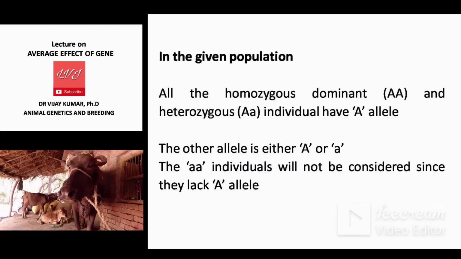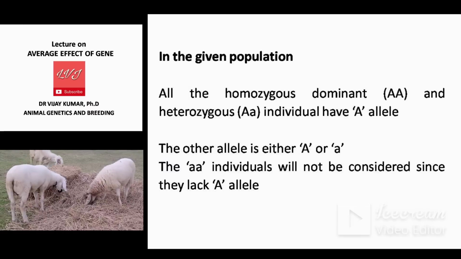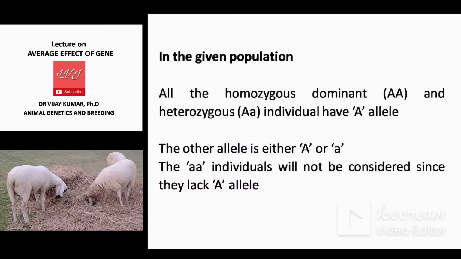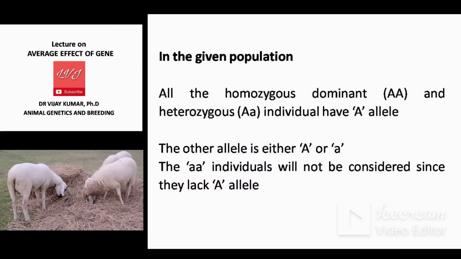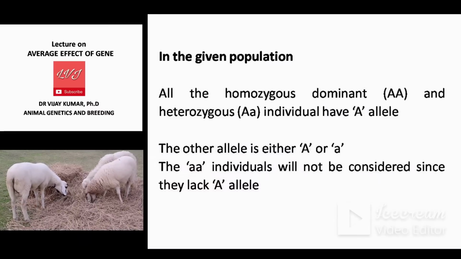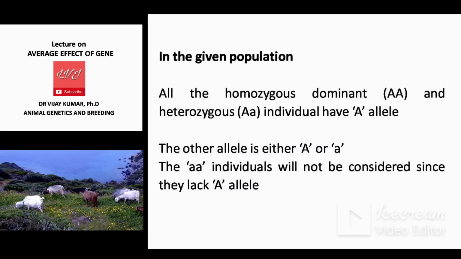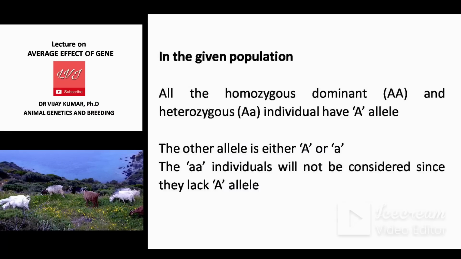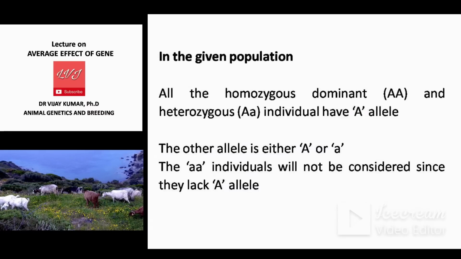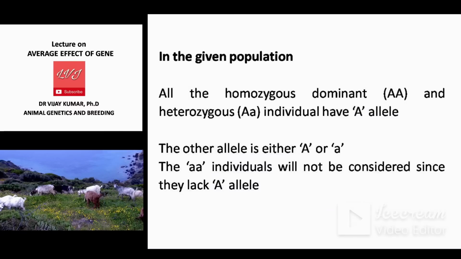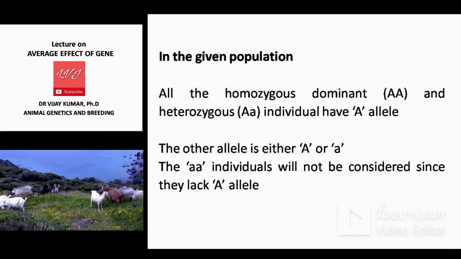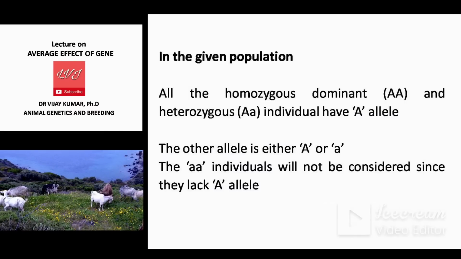The other allele is either capital A or small a. We will get at least one dominant allele from homozygous dominant and heterozygous individuals. The other allele may be a dominant allele or a recessive allele. The homozygous recessive small a small a individuals will not be considered since they lack the dominant allele.